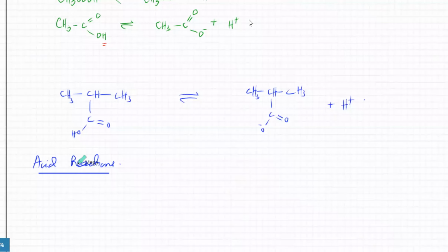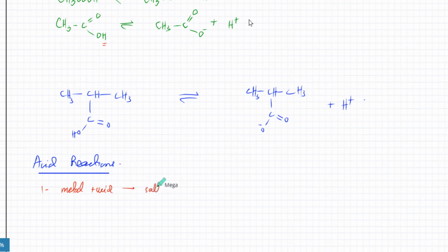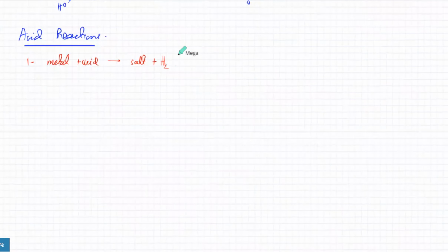The first one is a metal plus acid produces salt plus H2. And it depends on the reactivity of the metal. As a metal plus acid produces salt plus H2. That's the first one. You have, let's say, magnesium. I'll pick any random acid. Let's pick nitric acid.